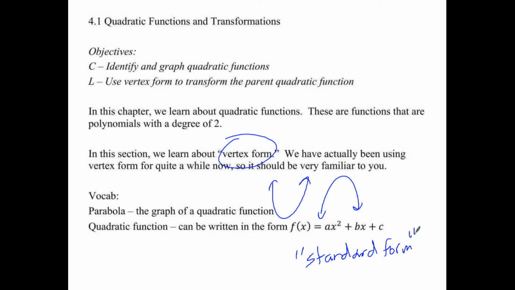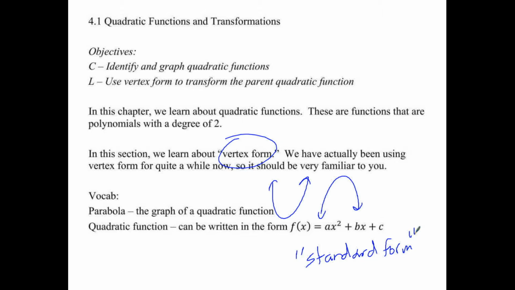So the highest degree term that we have here is the second degree term because it has the square on it, and then the first degree term because there would be an exponent of 1 on that x, and then the 0 degree term because there is no variable on that term. Okay? Highest degree to lowest degree is standard form. This is written in standard form, so we call it standard form. Okay? That is how we write quadratic functions.